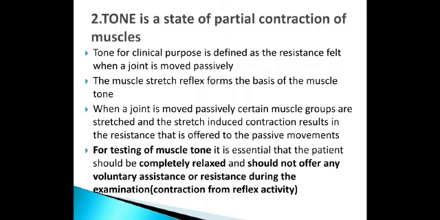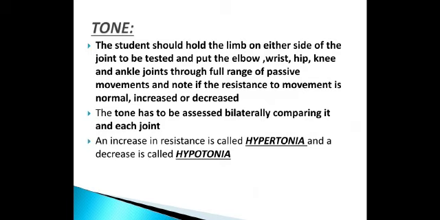The student should hold the limb on either side of the joint to be tested and put the elbow, wrist, hip, knee and ankle joints through a full range of passive movement, and note if the resistance to movement is normal, increased or decreased. The tone has to be assessed bilaterally, comparing it at each joint.